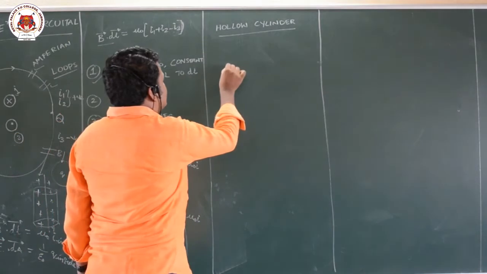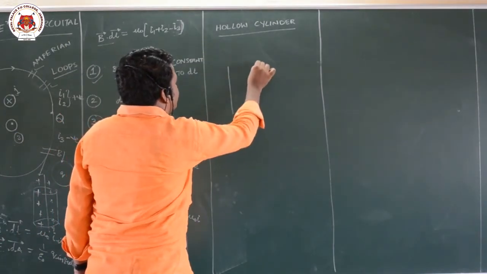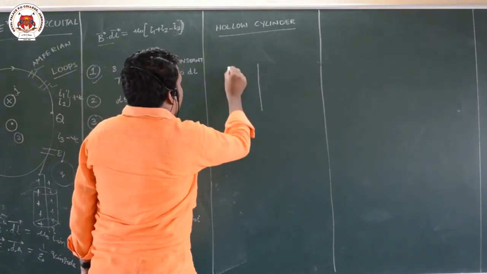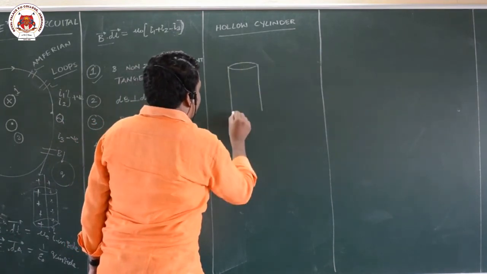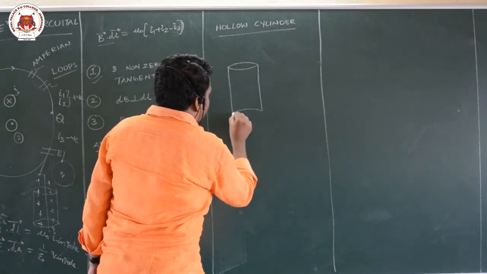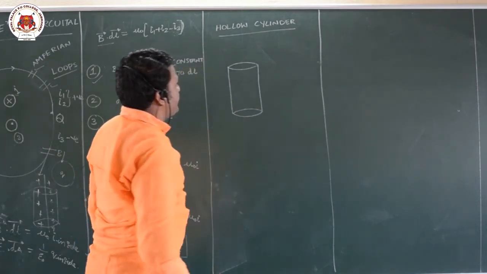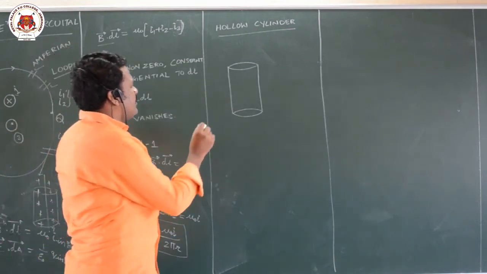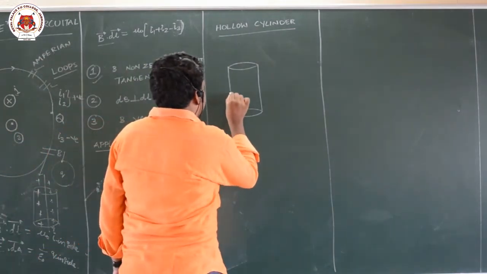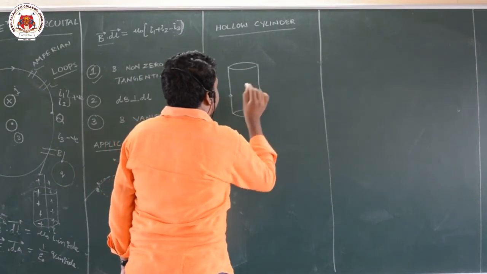Let us take a hollow cylinder. That means the inside of the cylinder is without any material, it is hollow like this. Assume that it is infinitely long. Current is flowing like this. This is the direction of current.